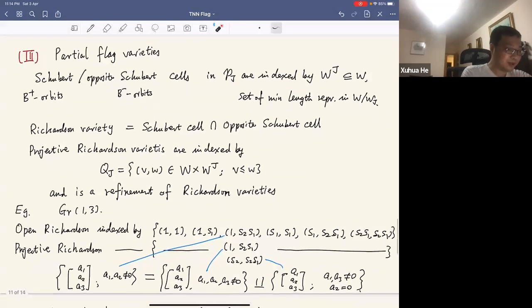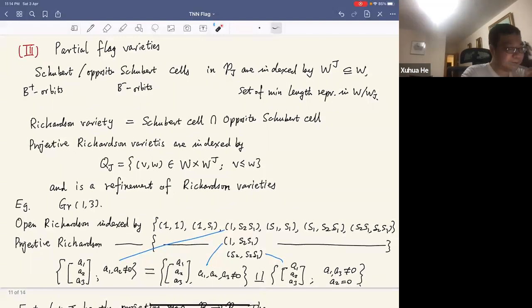So what we usually consider is the so-called projective Richardson variety. If you look at the definition, it is a bit more complicated, and I am not going to give you the precise definition, but I would like to tell you the index set.